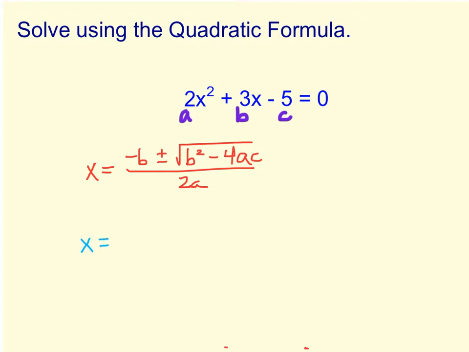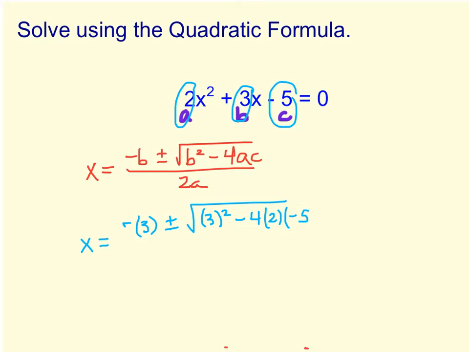X equals a negative, and then we're going to plug in our b, which is a 3. So negative 3 plus or minus the square root of b squared. So 3 squared minus 4 times a, which is 2, times c, which is negative 5, all over 2 times a, which is 2.